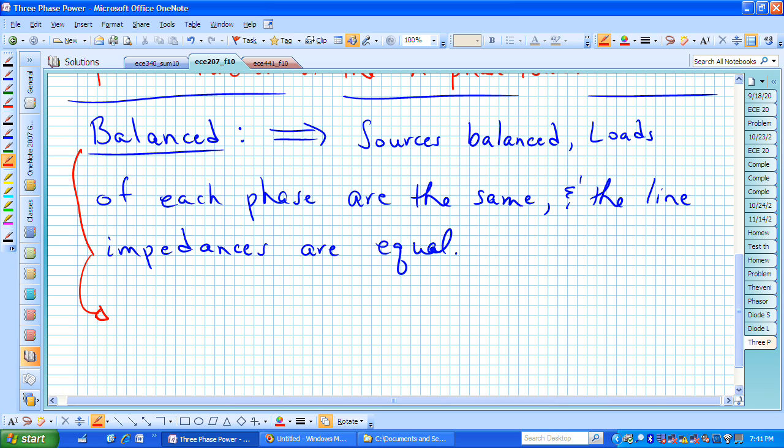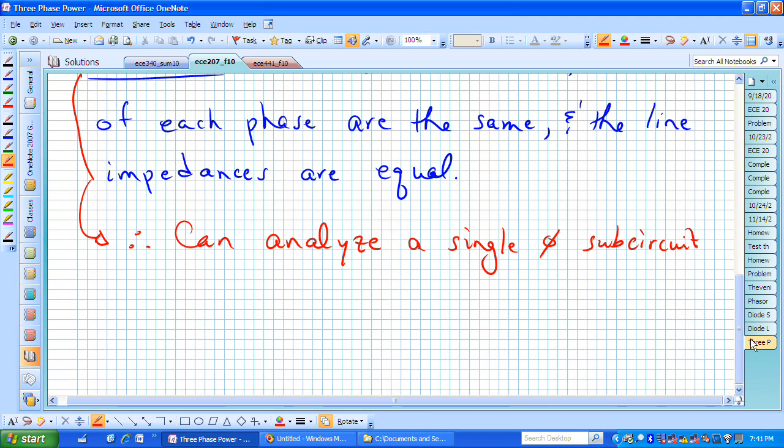of this balanced behavior, we now can analyze just one phase, or one loop, or one mesh. We can analyze a single phase subcircuit, and if we need any other information, we can simply realize that the B phase is behind by 120 degrees the A phase, and the C phase is 120 degrees behind the B phase, which effectively is 120 degrees in front of, in sinusoidal steady state, the A phase.